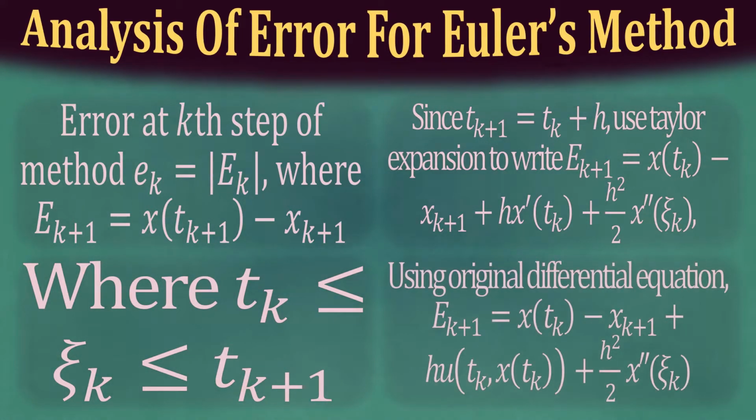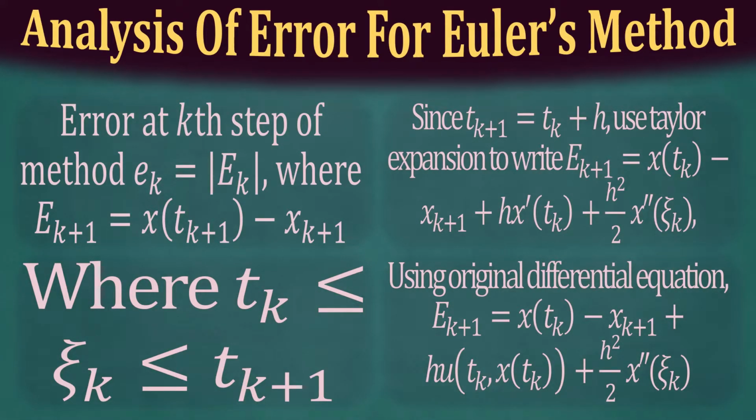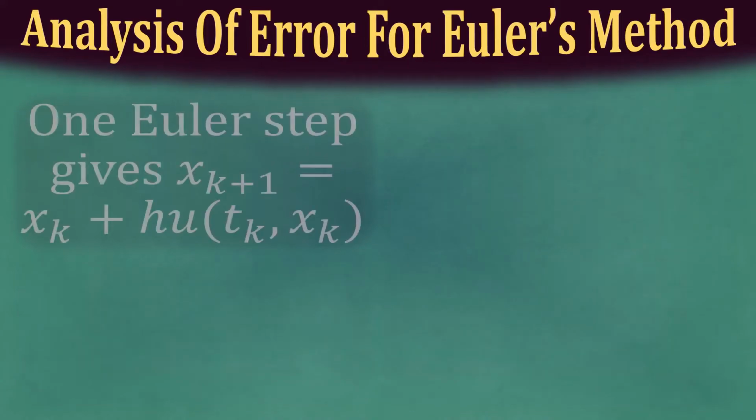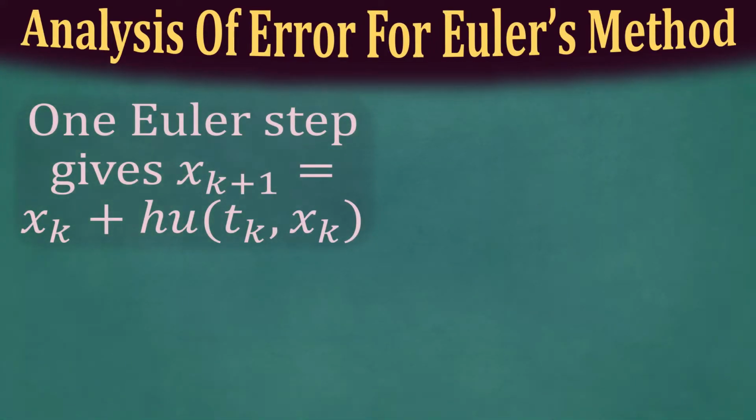Using the original differential equation, we have that E_{k+1} = x(tk) - x_{k+1} + h u(tk, x(tk)) + (h²/2) x''(ψk). One Euler step gives that x_{k+1} = xk + h u(tk, xk).